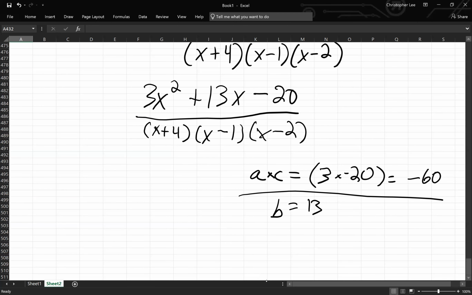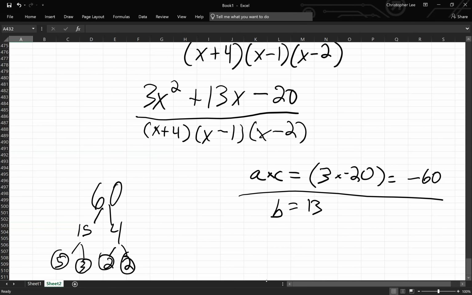18 and 4. 6 and 7 sounds like it works. That's not 60. Let's see. So I heard 15 and 4, am I right? This is 5, this is 3, this is 2, this is 2. Some combination might give me 13.